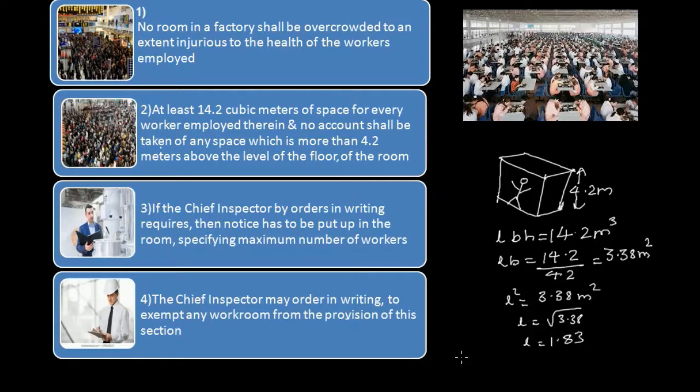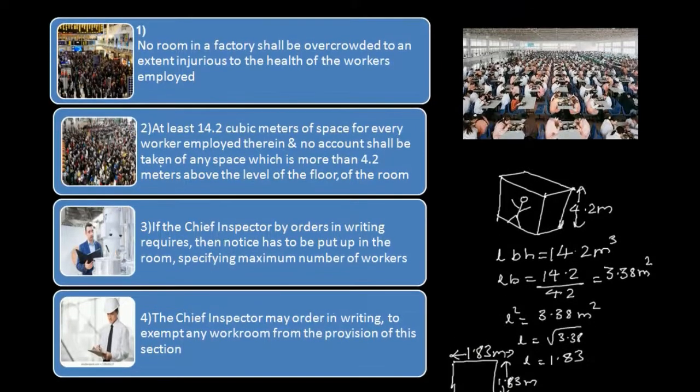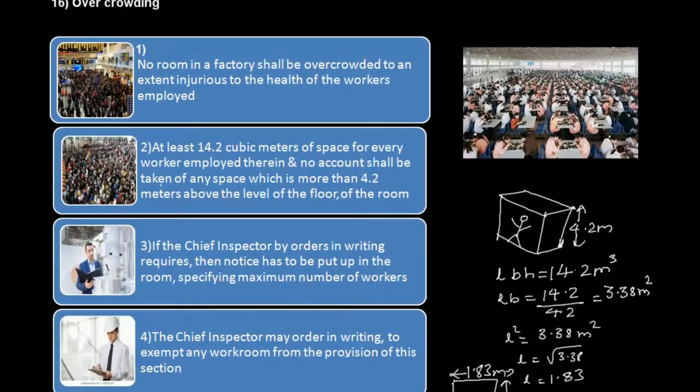The square that is allotted to a person is 1.83 meters by 1.83 meters. This much is the minimum space on a shop floor that a person can have. With this we will move on to our next subsection.